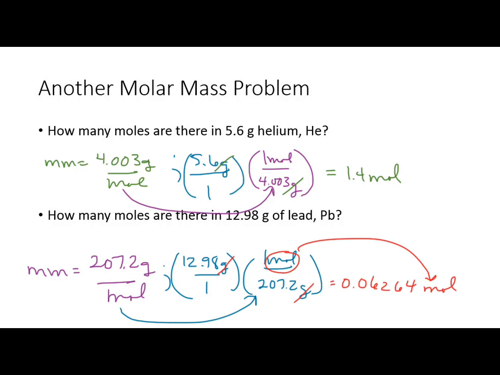I think that looks right. How many moles of gold atoms are there? I think that looks good to me. Okay? And that should wrap us up for chemistry. Awesome!